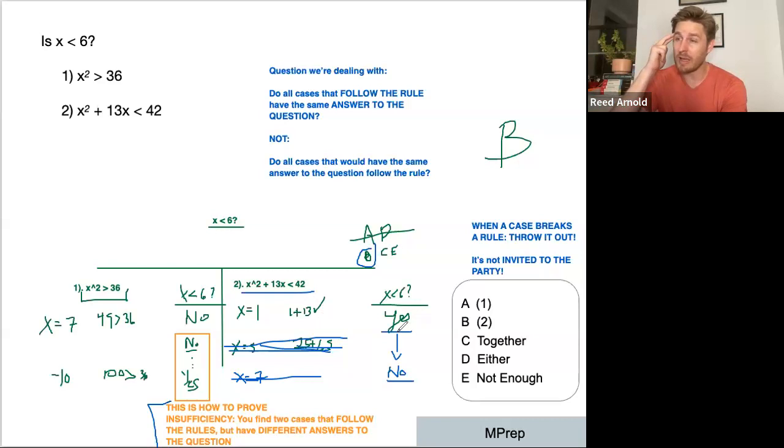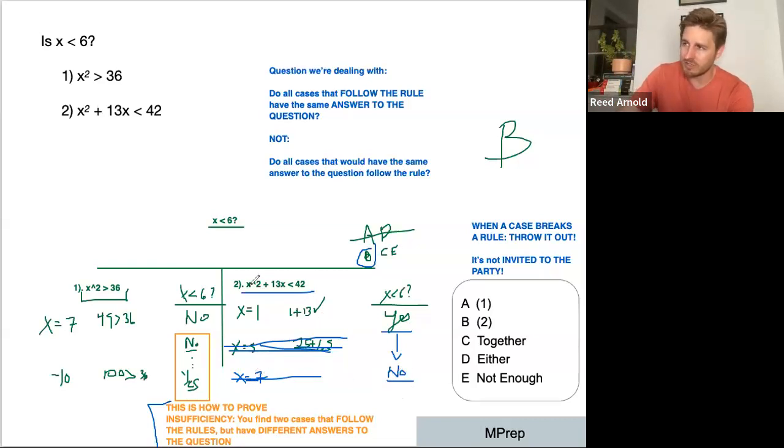So the question I now have is, do any numbers more than 6 get invited to this party? Because then I won't know if X is less than 6 or not. If numbers less than 6 and more than 6 are invited to the party, I have insufficiency. But if the only cases invited were less than 6, I have sufficiency. Can a number more than 6 be invited to the party? No way.